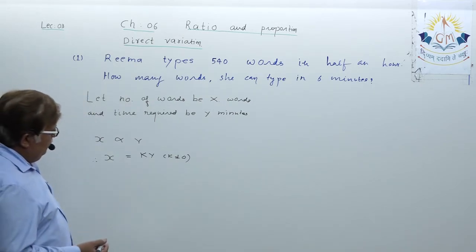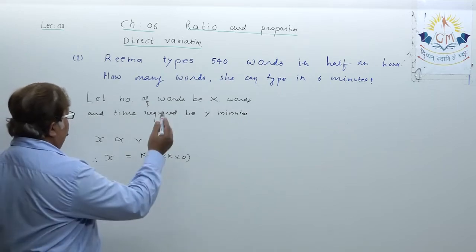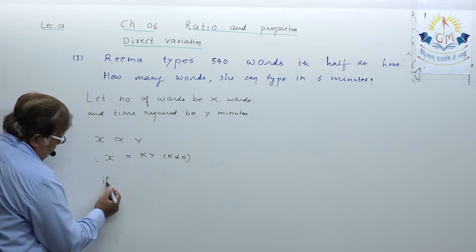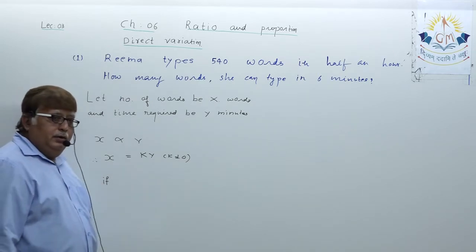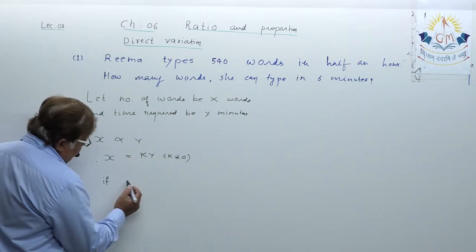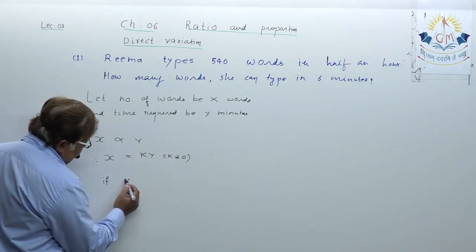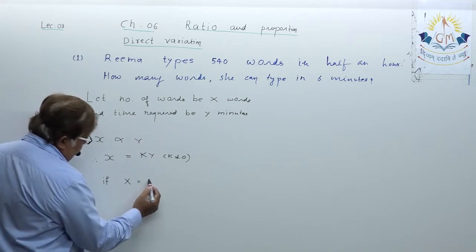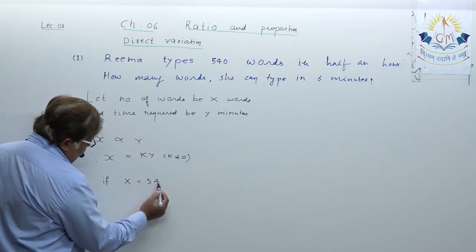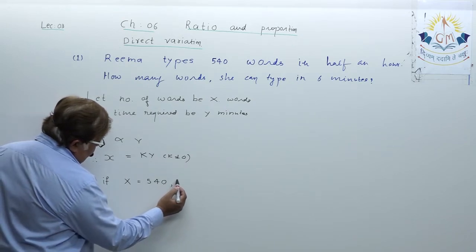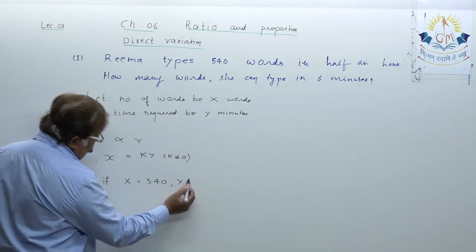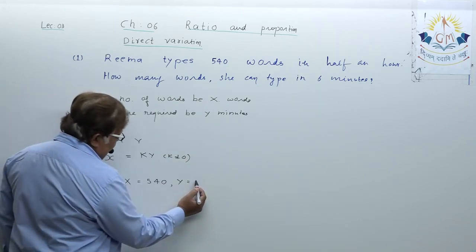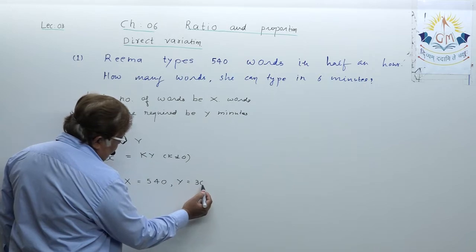Now the third step: how many words are typed by Rima if x = 540? y equals half an hour, I am writing here as 30 minutes.